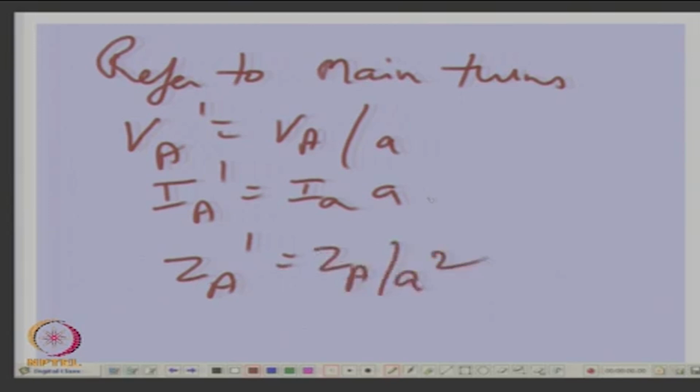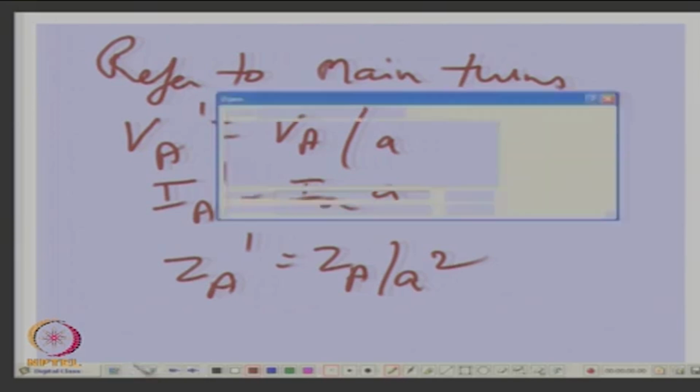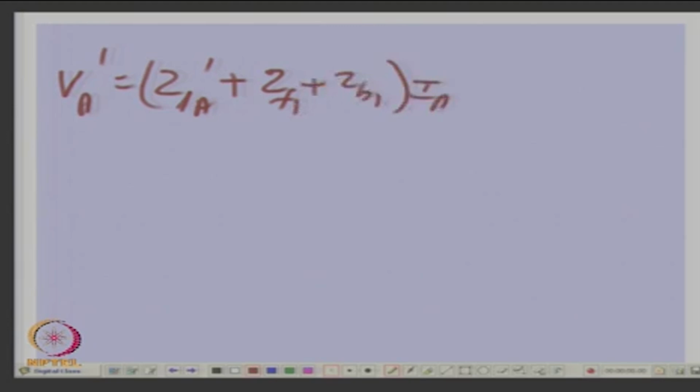This is how we transform this, and then we get Va dash will be Zla dash plus Zf1 plus Zb1 into Ia dash plus j times Zf1 minus j times Zb1 into Im.